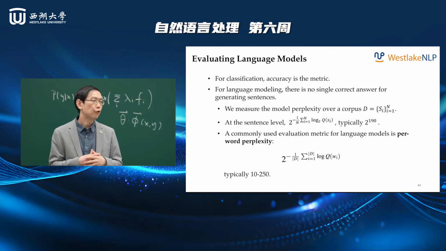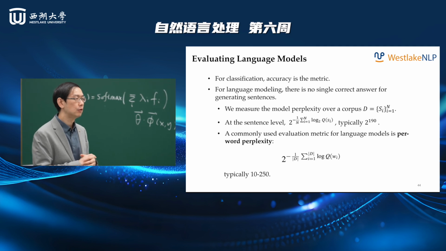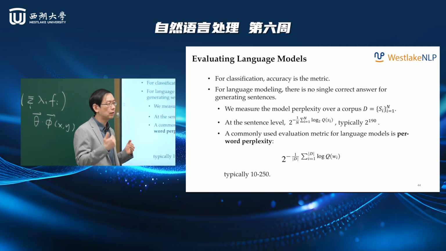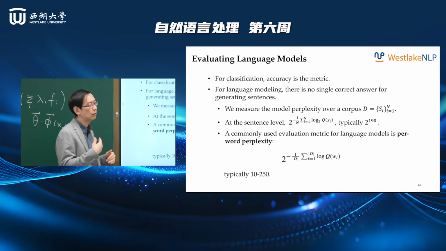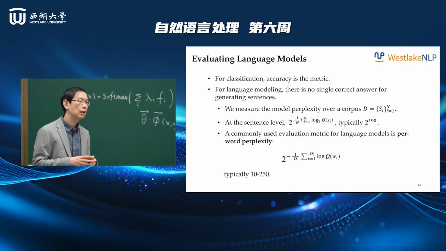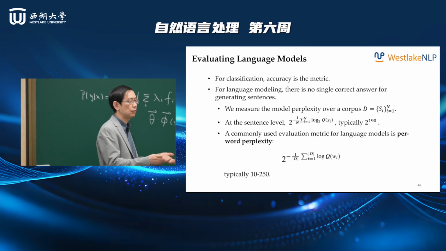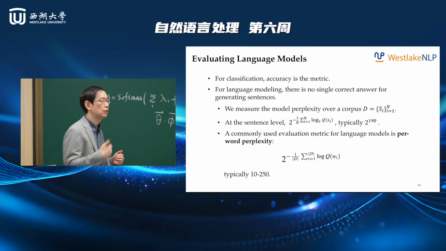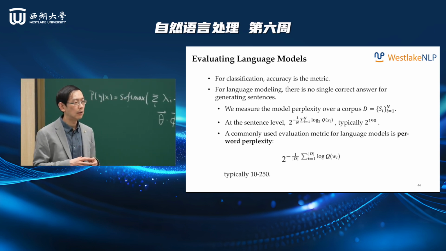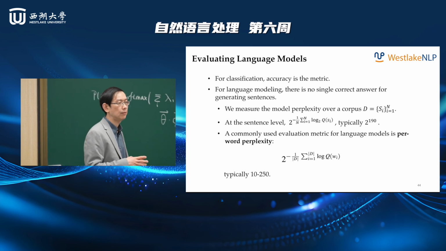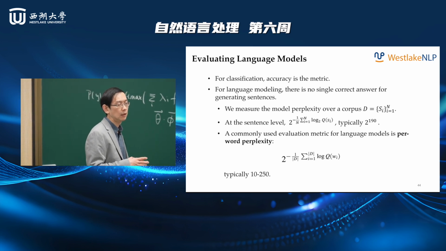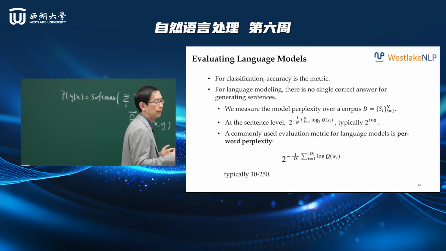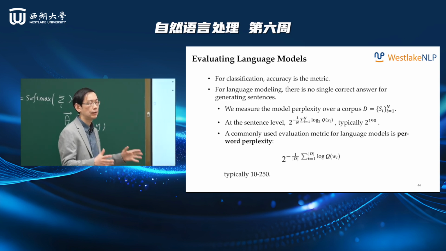But for evaluating a language model, we could not do that because we can generate arbitrary sentences that are correct. So there is no gold standard answer when I evaluate a language model. We can just use the model to generate and generate, but there's no gold standard correct answer. So there's no way we can do a one-to-one rule-based comparison here. So how do I evaluate a language model? We can take a set of human written data as a test set or as a test corpus.